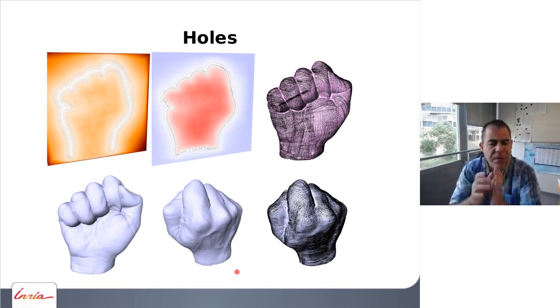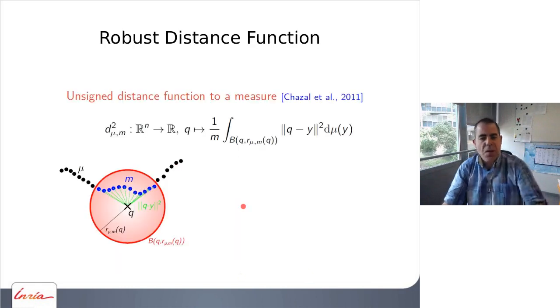I'll skip the technical detail. We have a variational formulation and optimization, but basically we are signing the unsigned function that you see on the left in order to fill the holes like that and have something reasonably robust to noise and also to outliers.